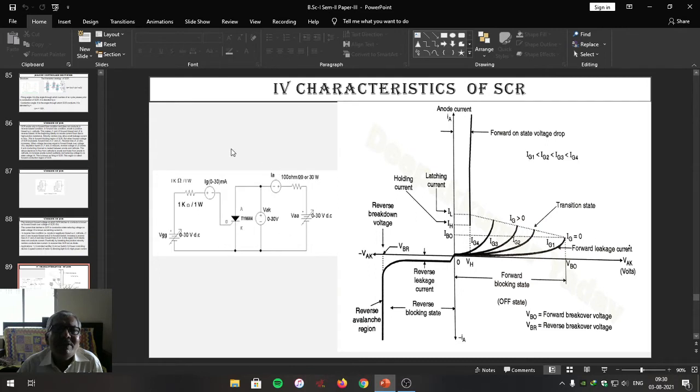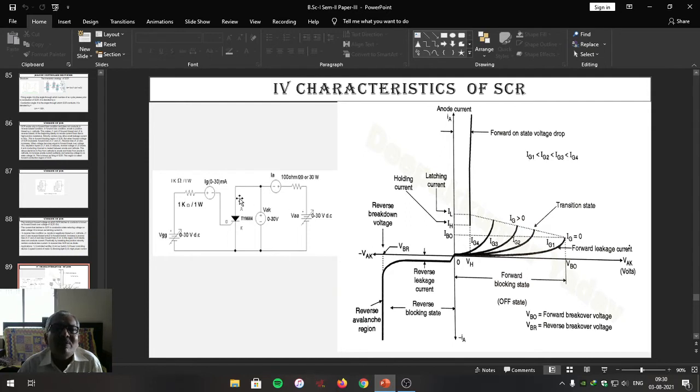What procedure is to be adopted now? Keep gate current IG at 0 by adjusting VGG, and by using VAA, change the anode to cathode voltage and measure the anode current.